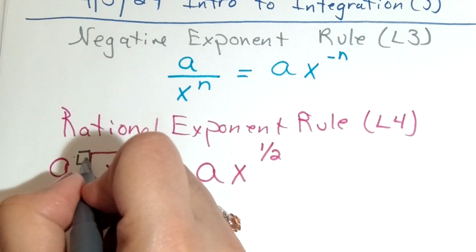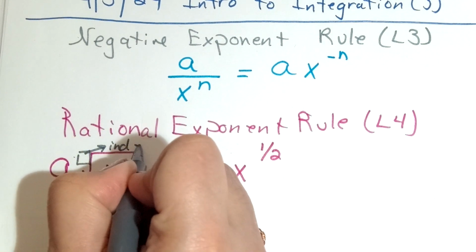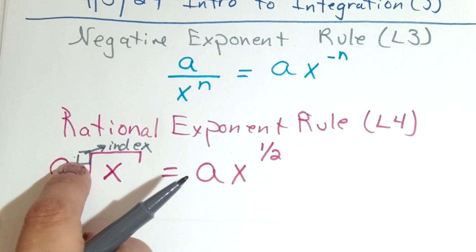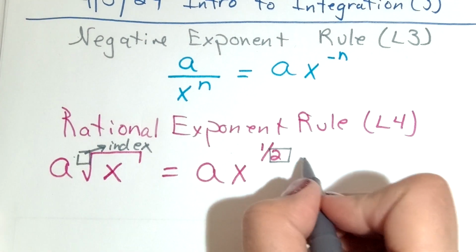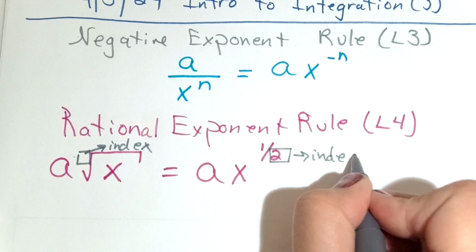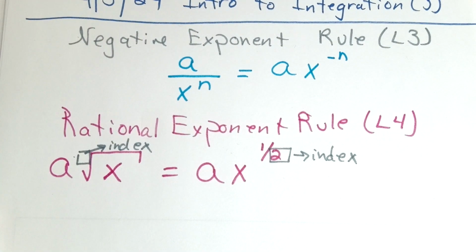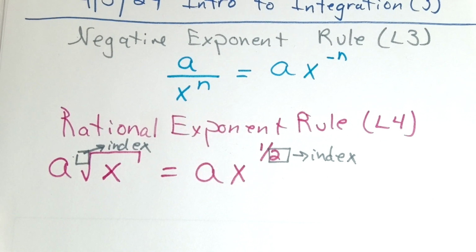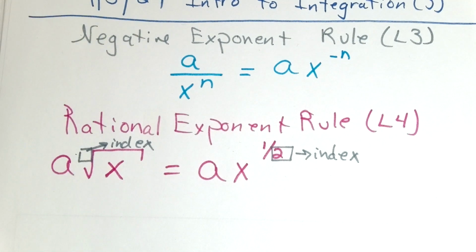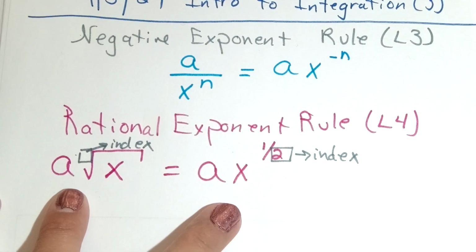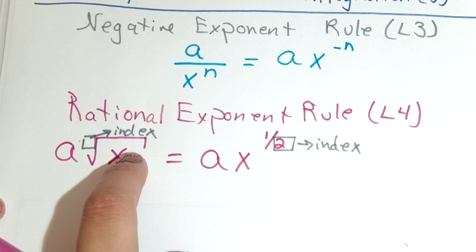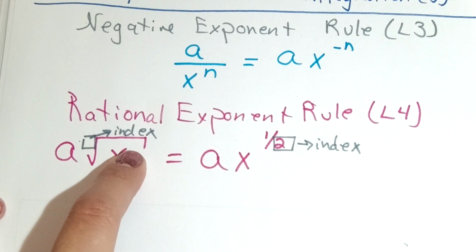This right here is called the index. If there is no index, remember that the understood index is 2. These are also on that sheet that has the derivative rules. Okay? You don't have to memorize this. This is also on that sheet that has the derivative rules. So square root is the only one that doesn't have an index. Just like with here, there is an understood exponent of 1.